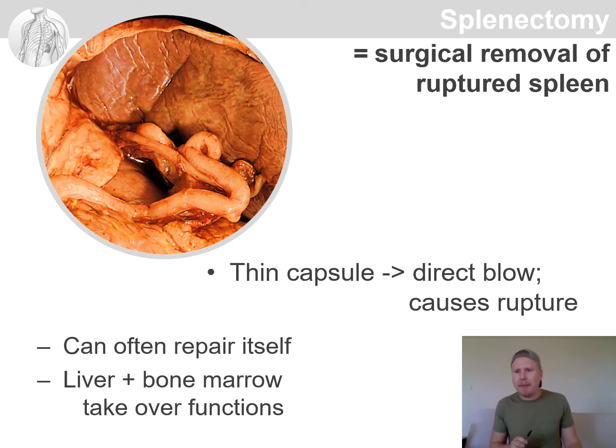As an example, in children younger than 12 years, spleens regenerate even from a very, very small part, and it will not be necessary to perform this operation. If, however, the spleen must be removed, liver and bone marrow can take over most of its functions. So there is a backup system in place.